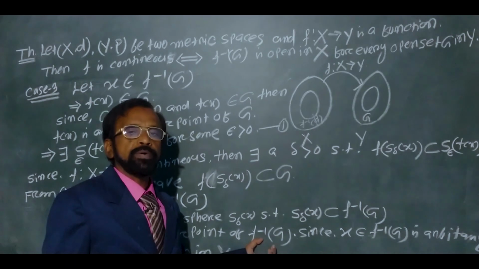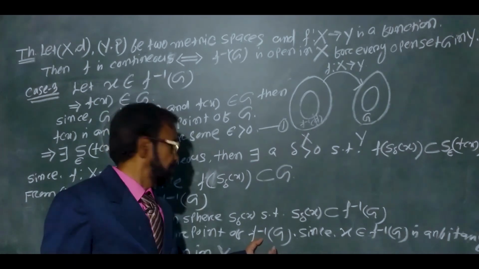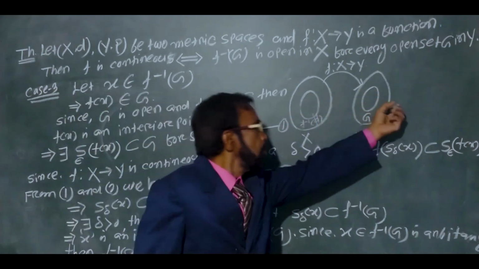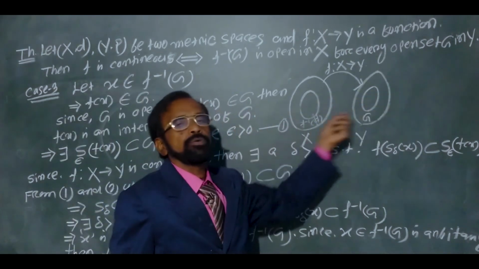By definition of open sets, f inverse G is open in X. That means under the continuous map, we pull back from open set to open sets.